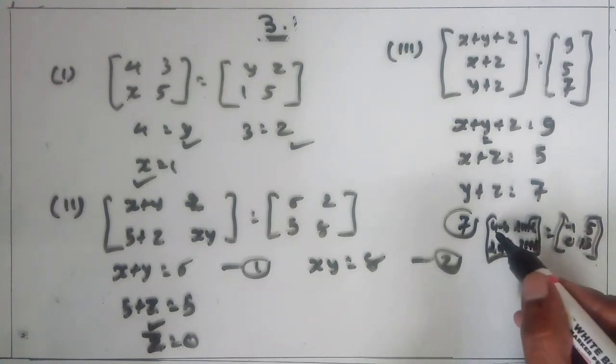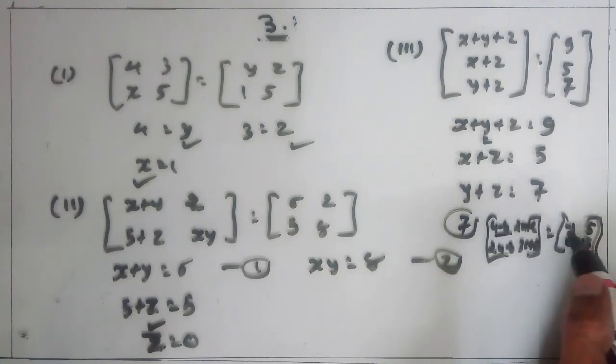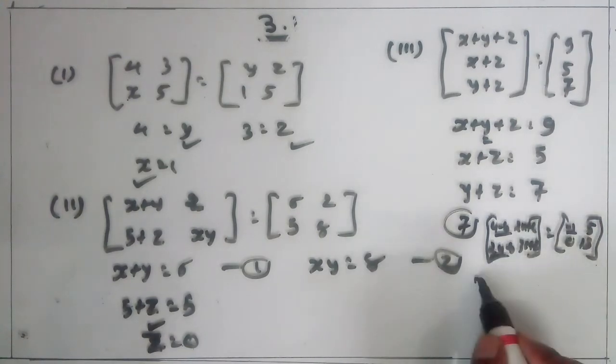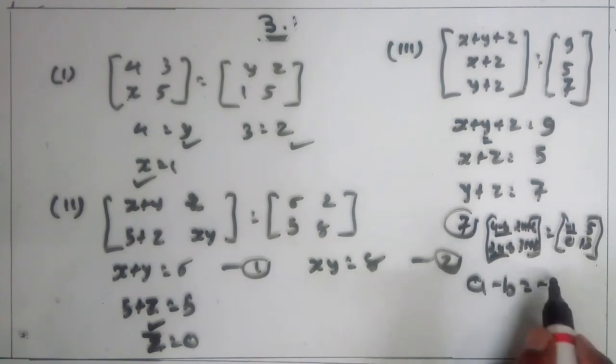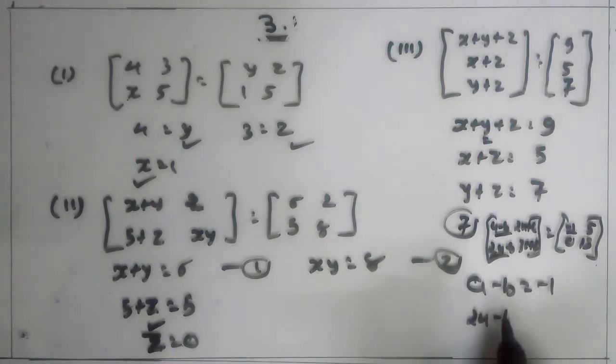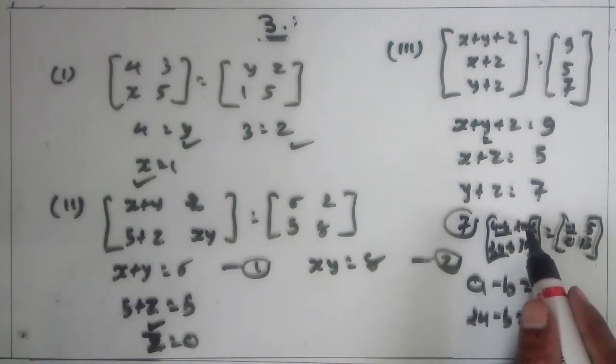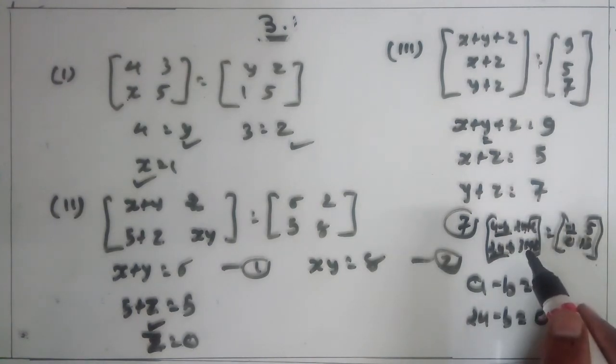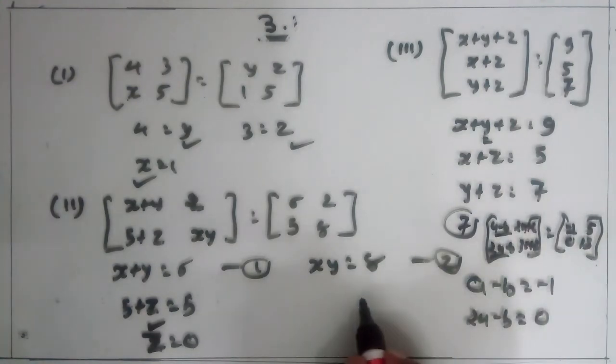Comparing both matrices, we get two equations in A and B. Solving these two equations, A minus B is equal to minus 1 and 2A minus B is equal to 0, we get the values of A and B. You know how to solve. Second, 2A plus C is equal to 5 and 3C plus D is equal to 13.